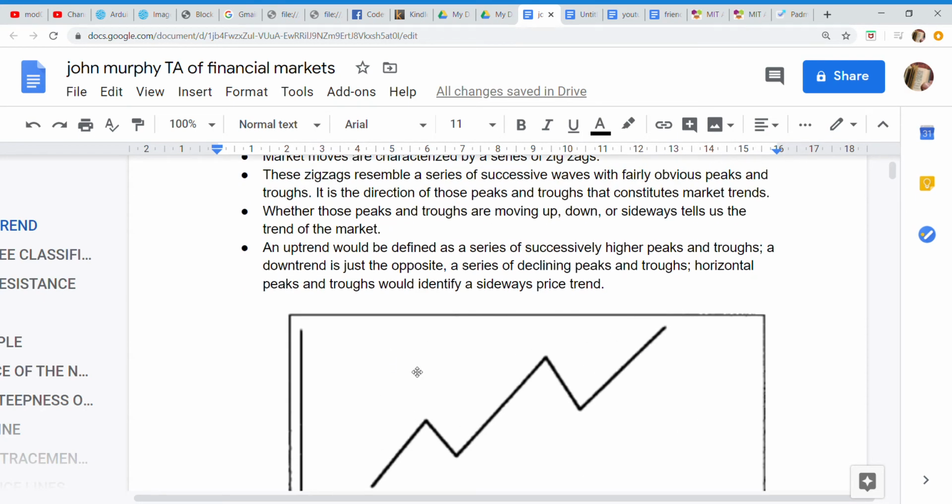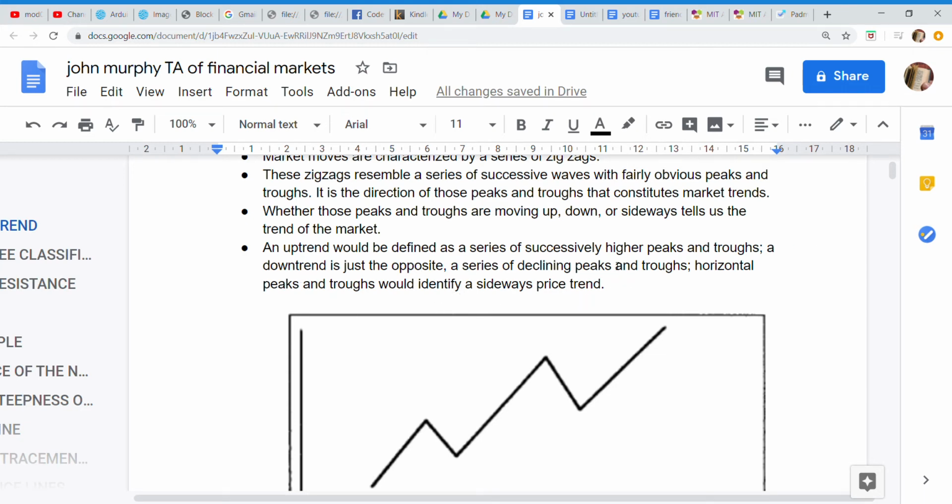So these peaks are higher than each other. This peak is successively higher than this peak, so this is an uptrend.